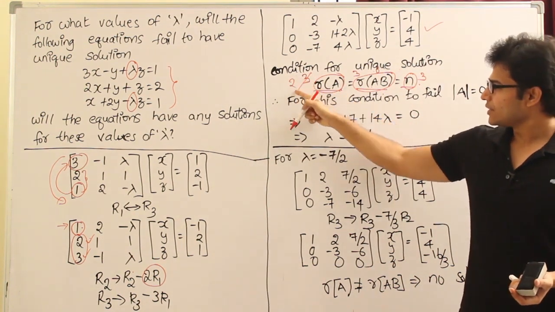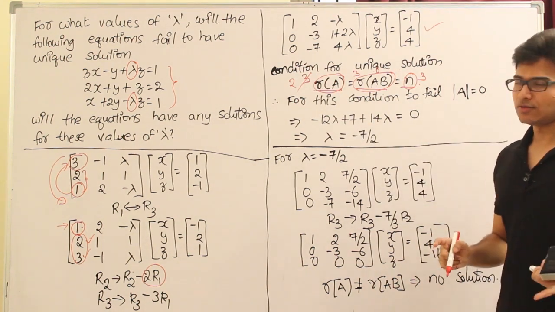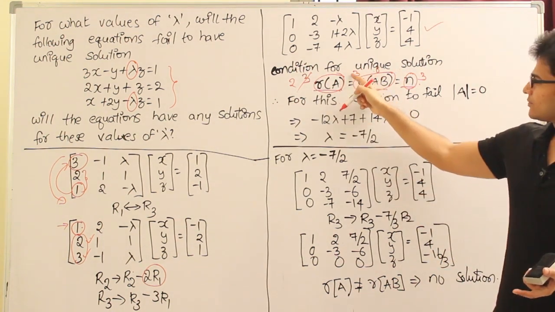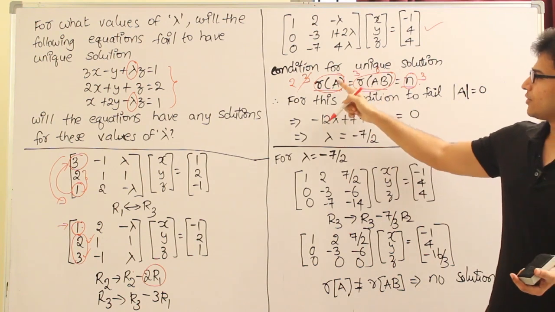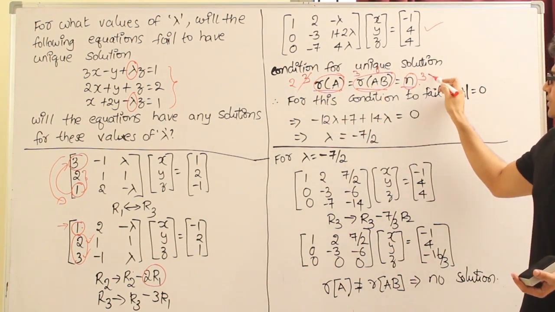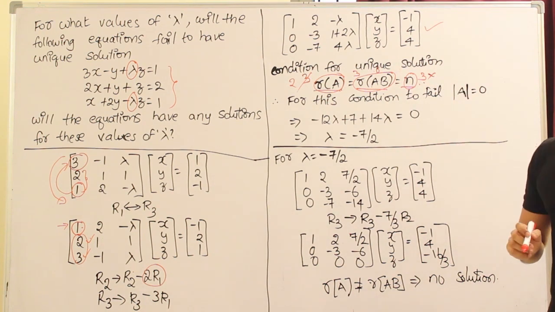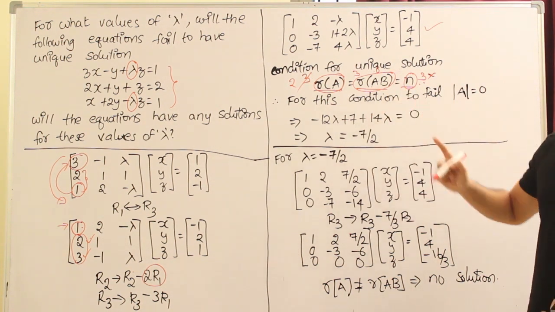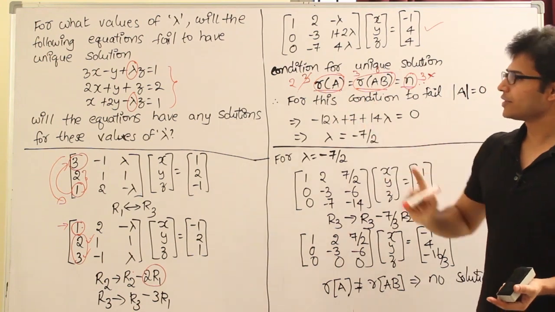I'll try to make it 2, or less than 3, and this one I don't care. Once I make it 2, definitely this condition fails because here it is already 3. I hope you are getting this. I need not worry about [A|B], I will just worry about A.